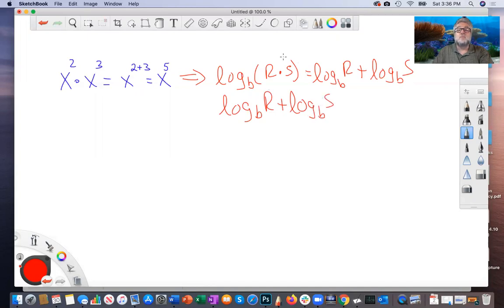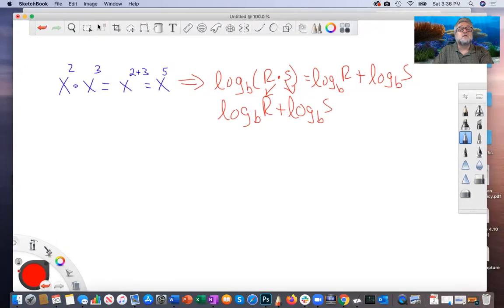So when we're multiplying inside the logarithmic function, you can split them up into a sum, okay? That's a very useful thing.